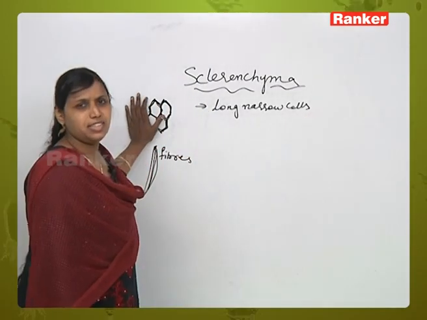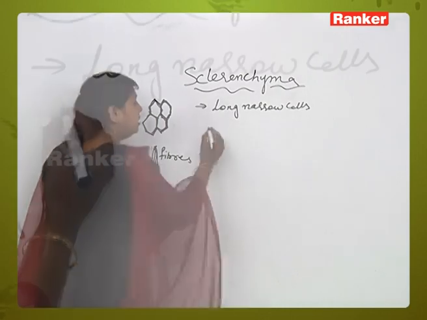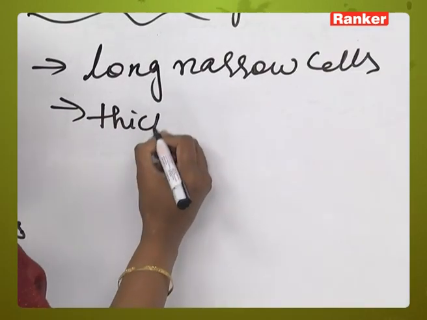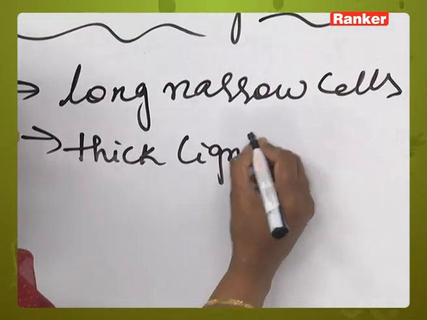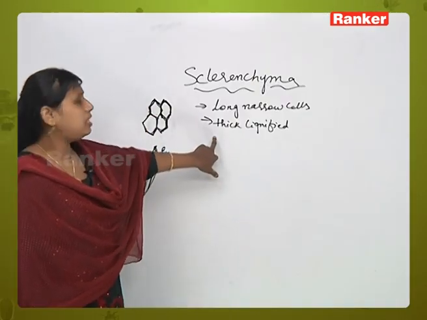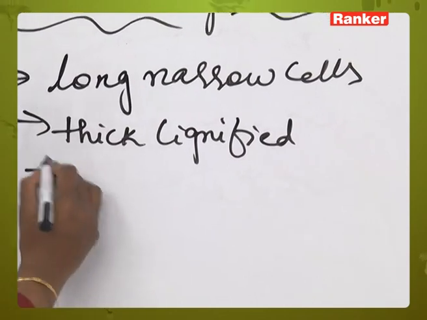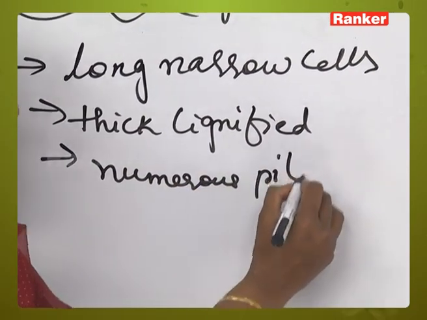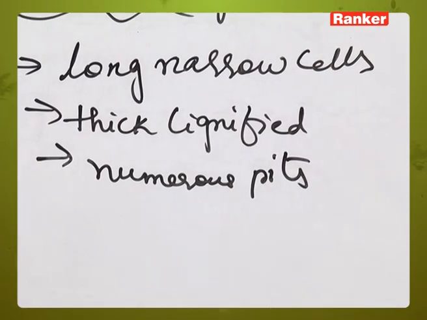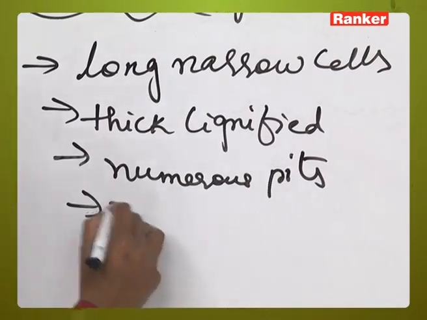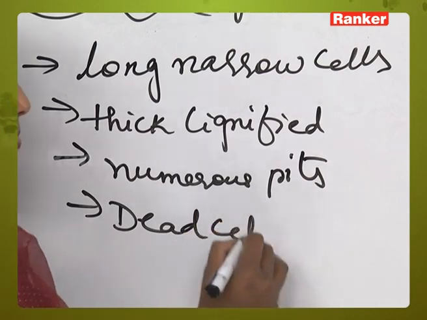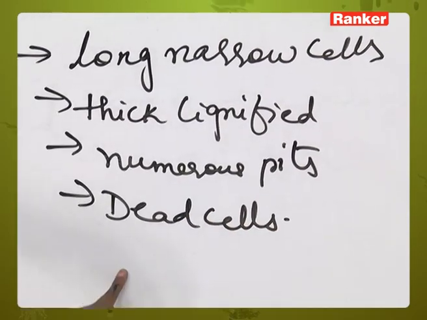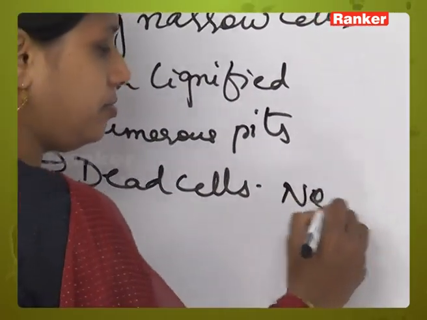These are long narrow cells with thick lignified walls, and they have numerous pits in them. Sclerenchyma cells are normally dead cells, and as they are dead cells there will be no protoplasm.